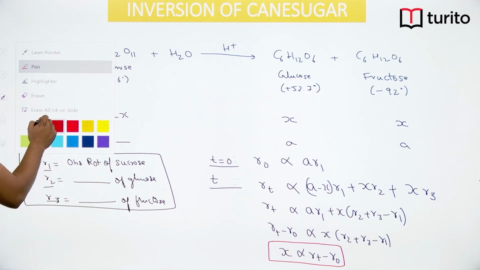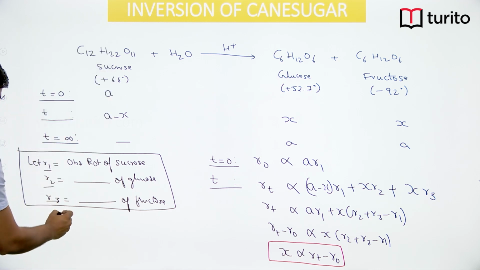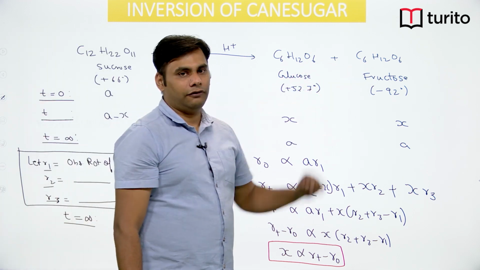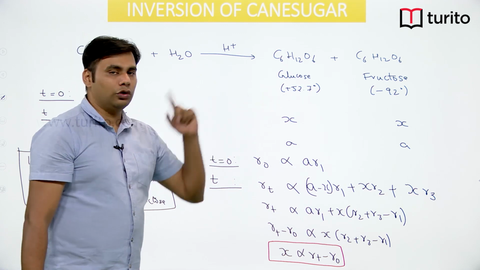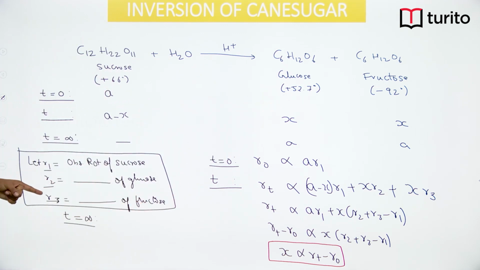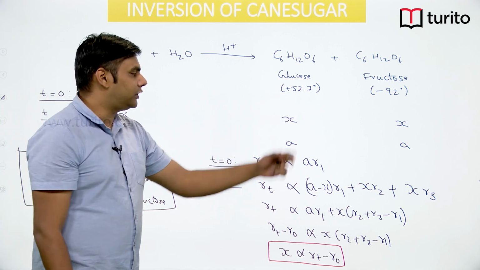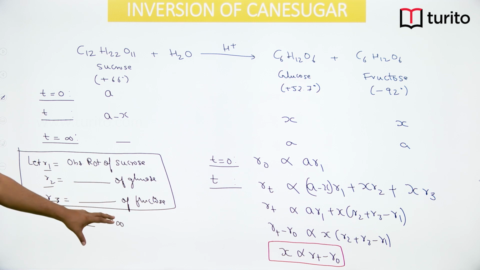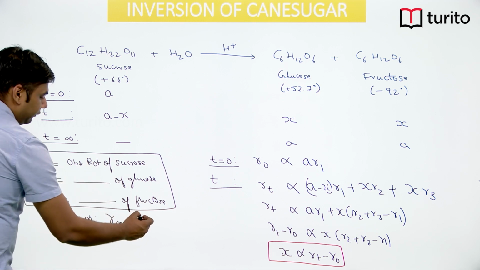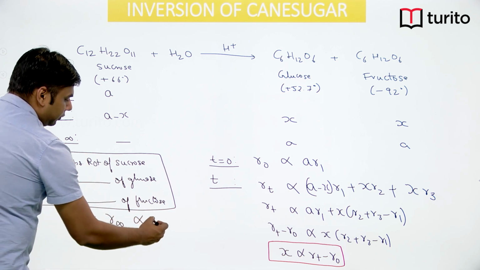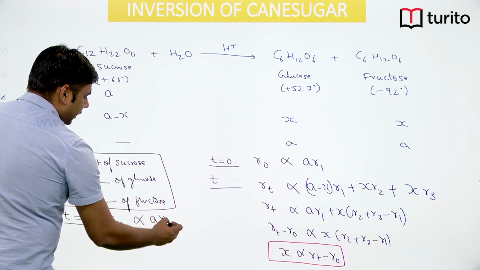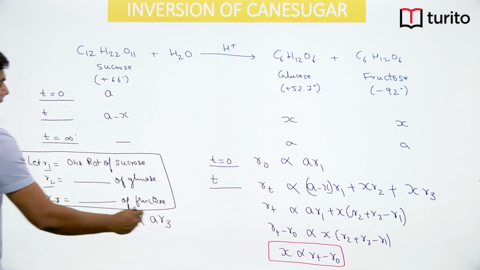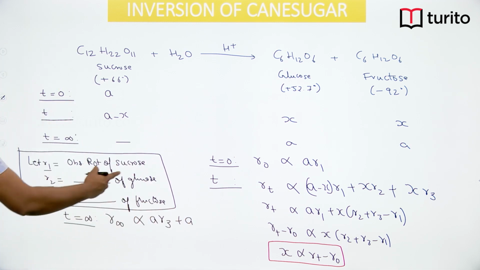Okay. So let us analyze finally at time t is equal to infinity. Now we know that at time t is equal to infinity, the only things left would be glucose and fructose. So the rotation would be due to glucose and fructose, with rotation R2 for glucose and R3 for fructose, because A moles have been formed. So R infinity, that is the optical rotation of the solution after time t is equal to infinity, would be proportional to A into R3, that is rotation of fructose, plus A into optical rotation of glucose.